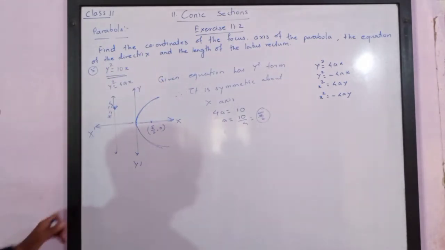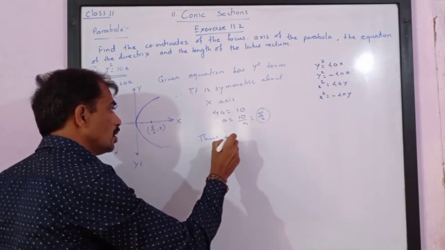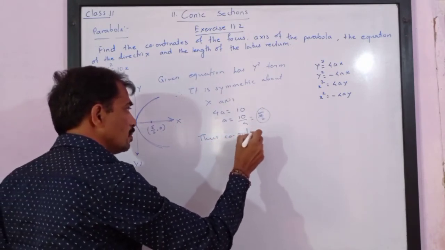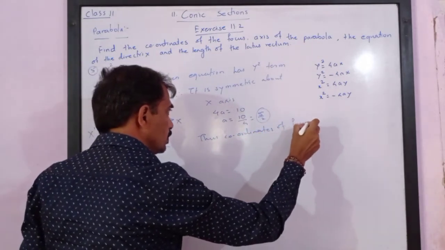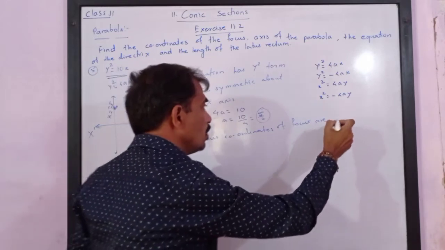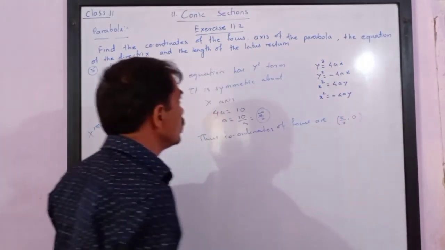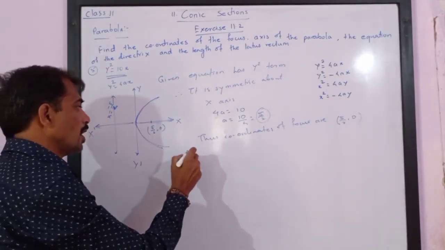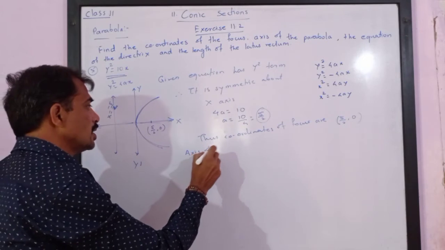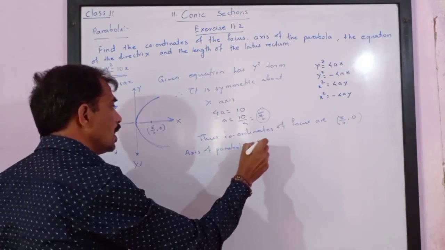Let us write the given things. Thus the coordinates of the focus are 5 upon 2, y coordinate is 0. Then we are asked the axis of the parabola. Axis of the parabola is the x-axis.